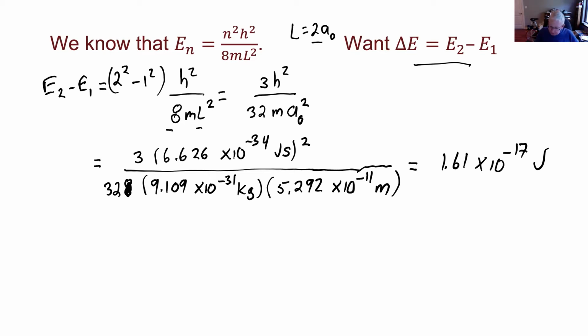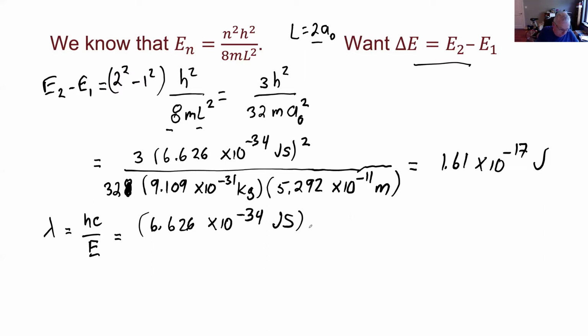If I take that, I want to make it into a wavelength, so I can say that the wavelength is equal to hc over E. So if I put those in, my speed of light, which is 3 times 10 to the 8th meters per second.